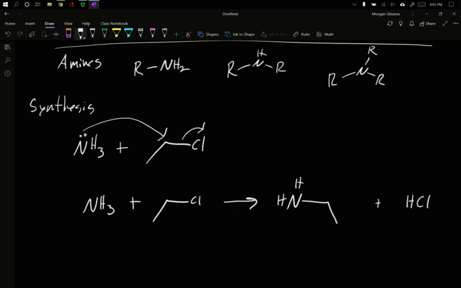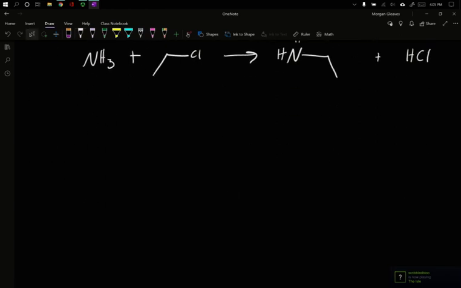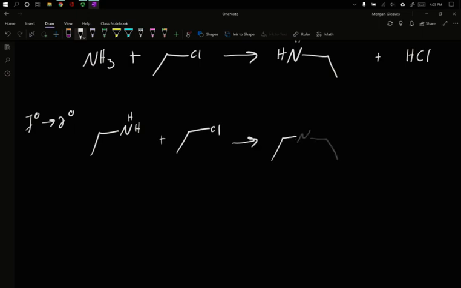This has turned my ammonia into a primary amine, and if you do this a second time, I can go from a primary to a secondary. So ethanamine plus more chloroethane becomes N-ethylethanamine and more HCl.